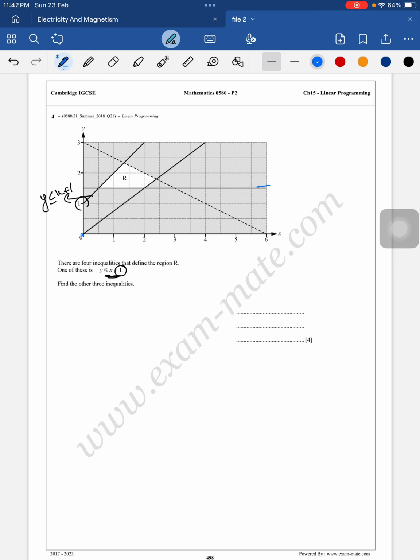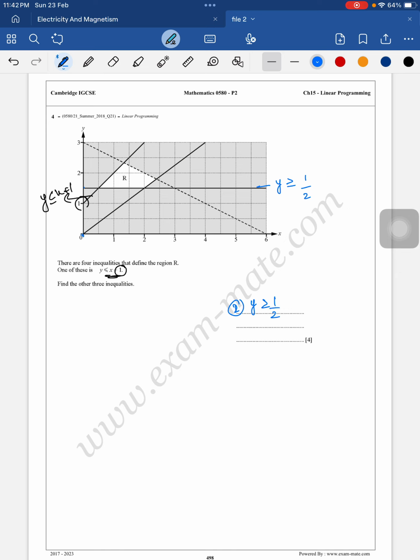So parallel to x-axis means y, and since the shaded region is up, it should be greater than or equal to, and since this point is lying between 1 and 2, it means 1 upon 2. y is greater than or equal to 1 upon 2. So the second part is y is greater than or equal to 1 upon 2.